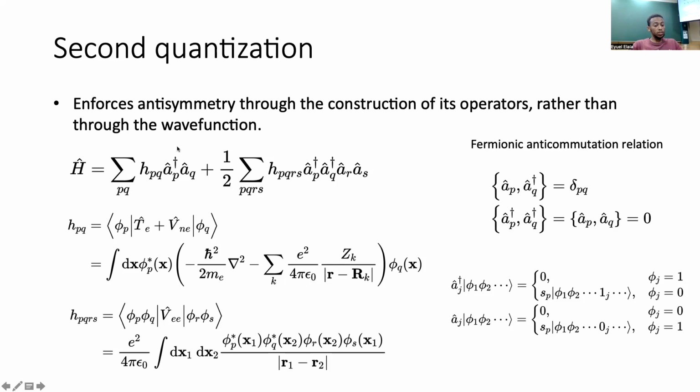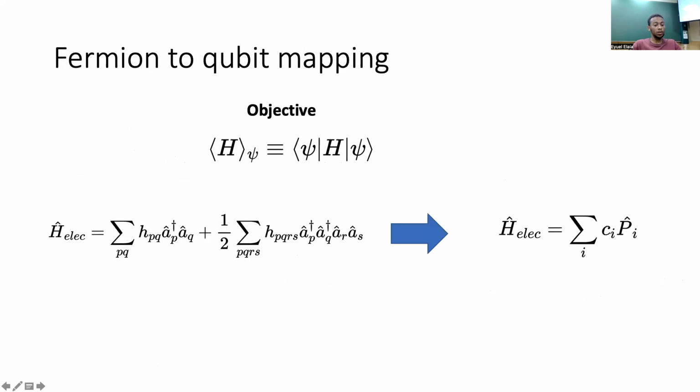And the problem is that we have this Hamiltonian expression, but we're trying to evaluate its expectation value. In order to determine this value on a quantum computer, it has to be written in some form of Pauli operators.